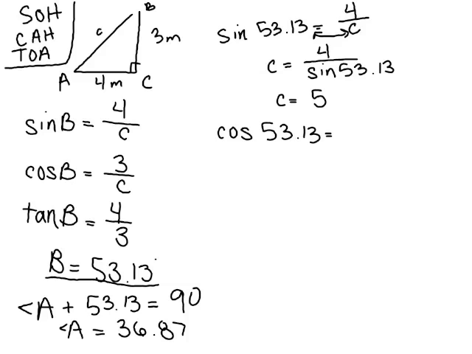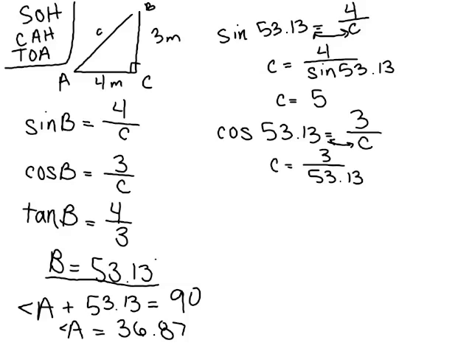Which is the adjacent side to the angle B? So 3 over the hypotenuse. Again, we're solving for that little c. It's the denominator, so these need to switch. So c equals 3 over the cosine of 53.13.